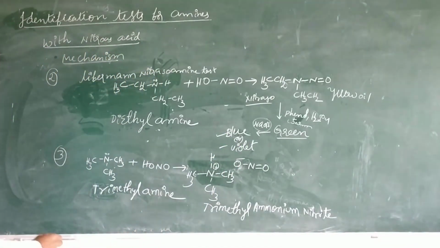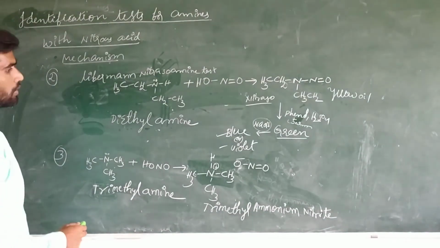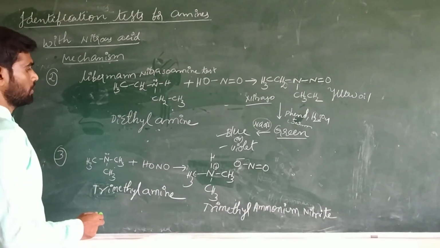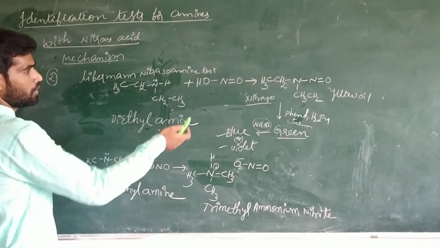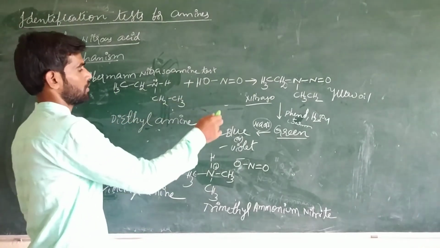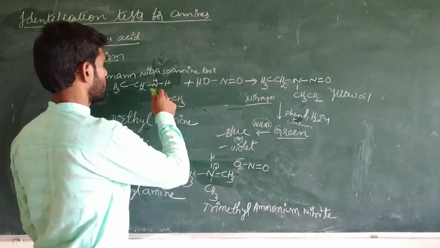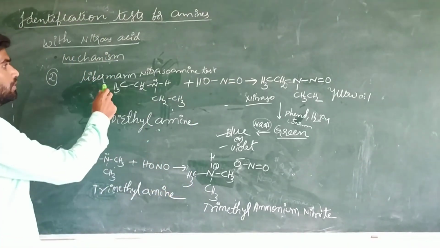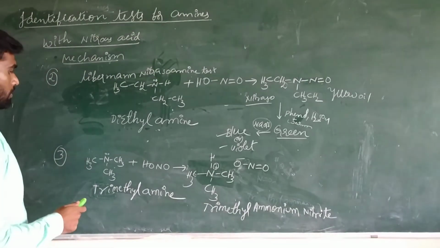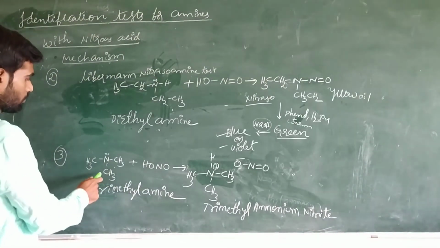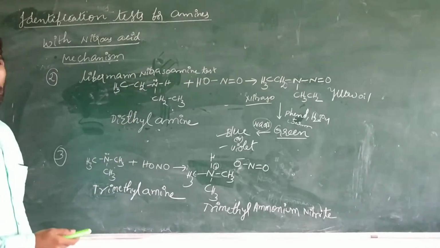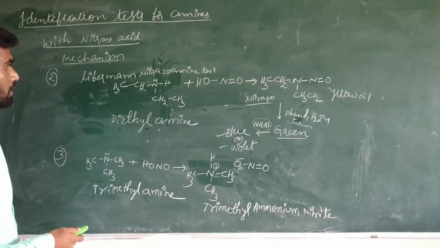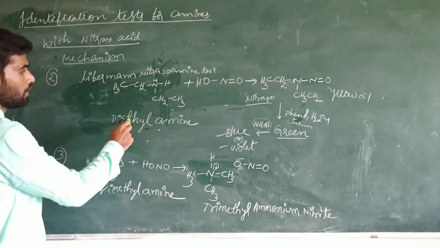This blue or violet color indicates the presence of secondary amine. We explained the shifting of electrons and attacking in the primary amine mechanism. This is called the Liebermann nitrosamine test for the identification of secondary amines.